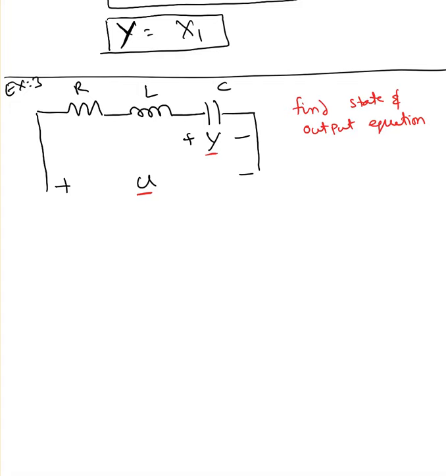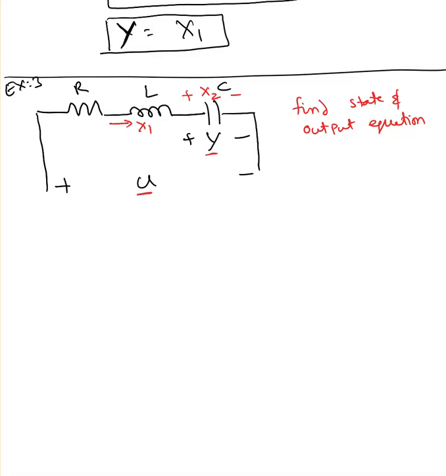Now you have to choose the state variables x1 and x2. In this case, I have two state variables. One is current passing through the inductor and the other is voltage drop across the capacitor. So the number of state variables in a circuit equals the number of energy storage elements. I have two energy storage elements, so I chose two state variables.